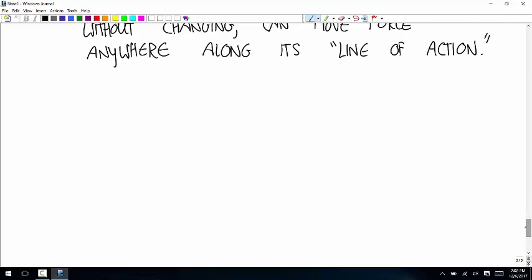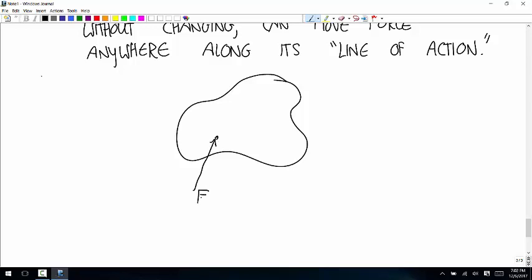If this is some random object and this is the force, the force is acting at this point P, but you can treat it like that force is acting anywhere along this line, a line that goes through that point P and is parallel to the force vector.